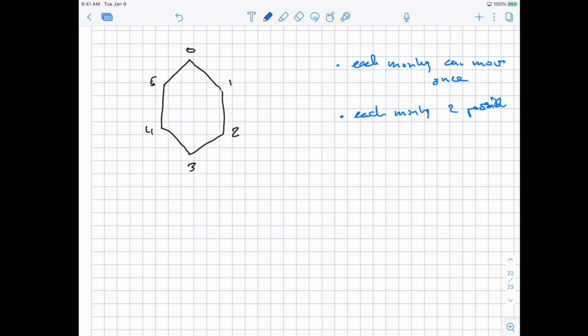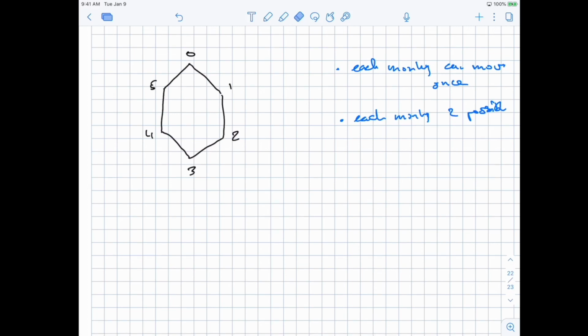Not the number, but only 2 options. You have only 2 options to move. You can either move counterclockwise or clockwise, right? So they can move from one vertex like this, counterclockwise, or they can move like this, clockwise. Okay, so only 2 possibilities here. So those are 2 important pieces.